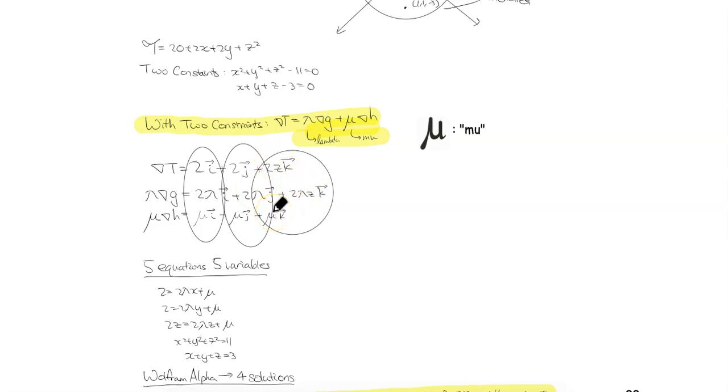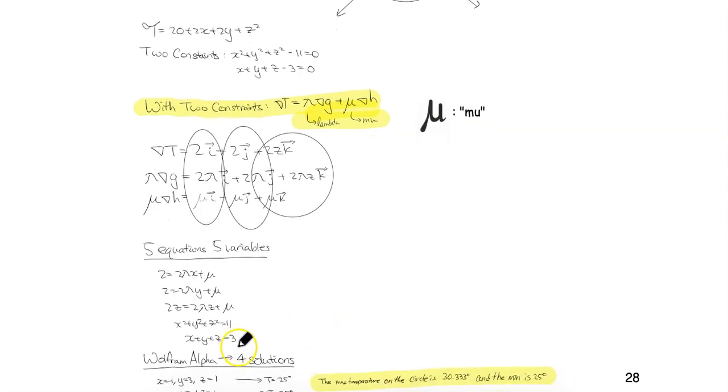So yeah, I think there's a y missing here and a y missing here. All the equations are here. We find 3 equations by identifying the components of this equality, and then we have the 2 constraints themselves. So we have 5 variables: x, y, z, lambda, and mu.